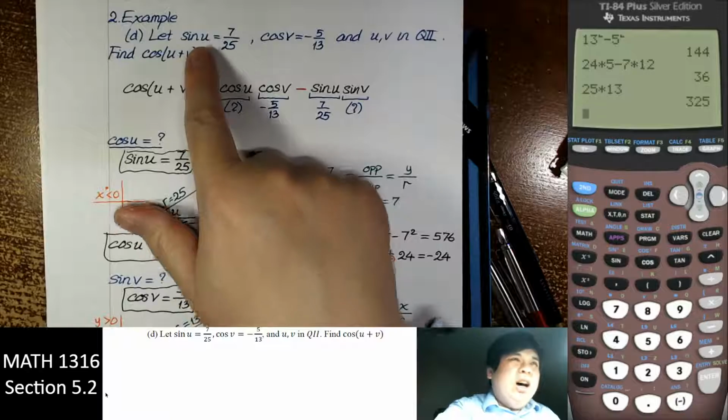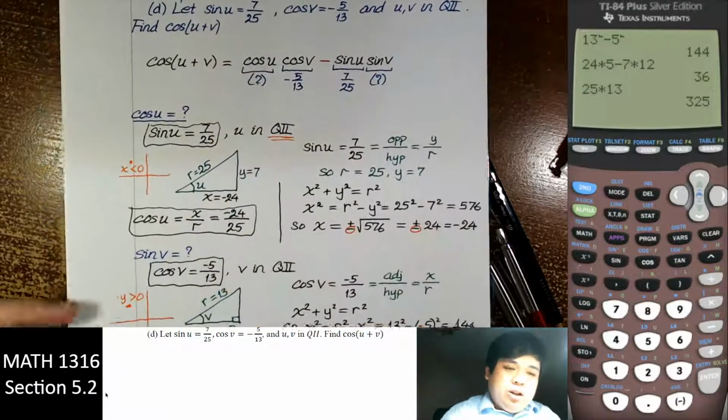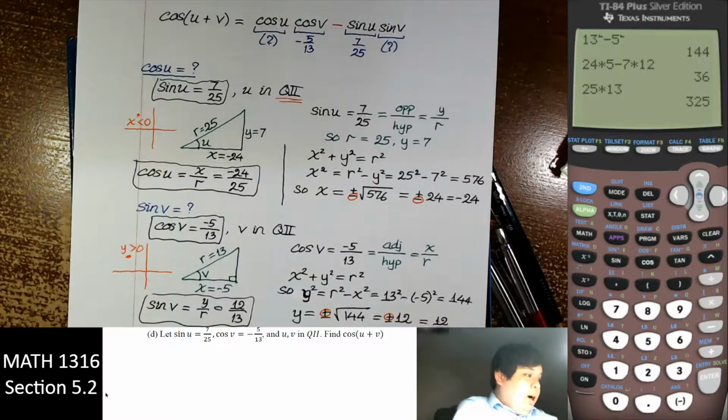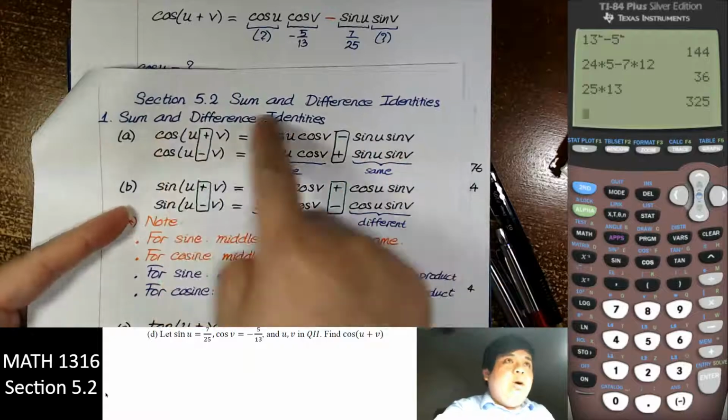So you are given sine or cosine of u, sine or cosine of v, and then find the other one, and then we need to utilize these four formulas here.